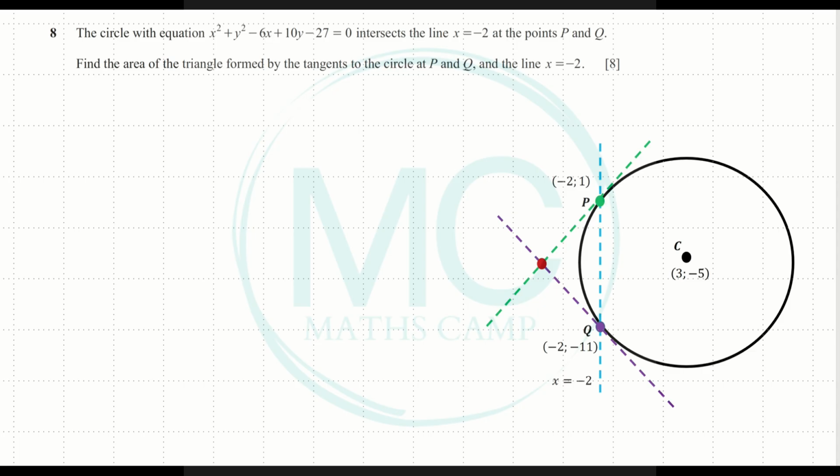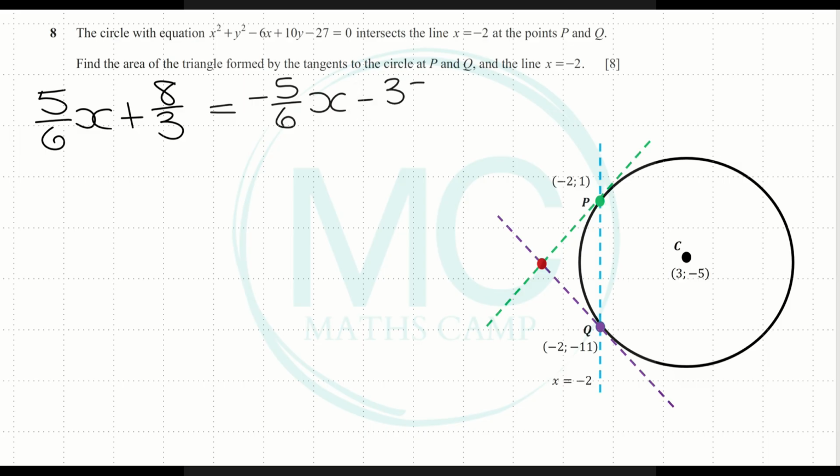For tangent P, we know that the equation is 5 over 6 x plus 8 over 3. And for tangent Q, -5 over 6 x minus 38 over 3. And we can use this to find the value of x.